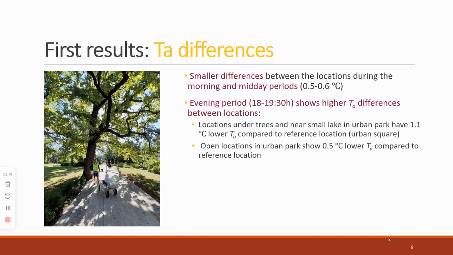In the evening period, that lasted from 6 to 9:30 p.m., we actually saw some higher differences in air temperature between locations under trees and under the urban lake when you compare them to the reference location, which was in the urban square. Open locations in the urban park showed less difference, about 0.5 degrees Celsius.